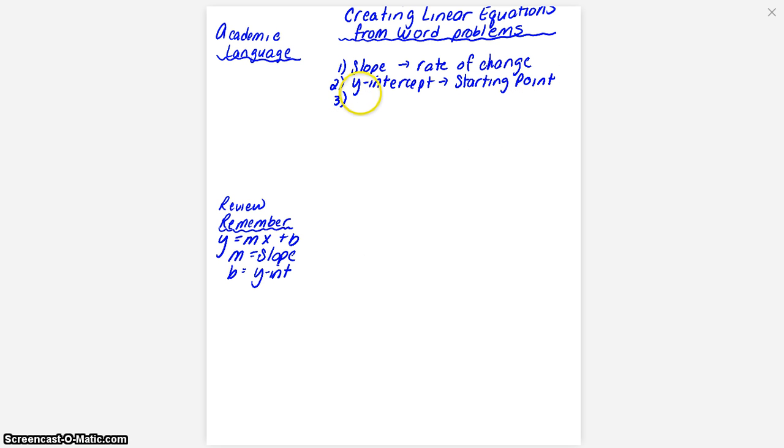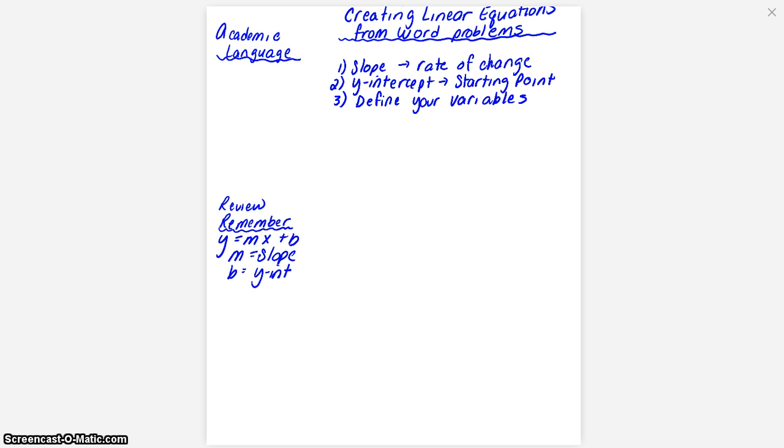And 3, I need to define my variables. And actually, these are just 3 things we need. They don't necessarily have to be in this order that you pull them out. Define your variables, which are the x and the y down here, because those can keep changing, but you only have one slope and you only have one y-intercept, which is why we find actual numbers for those.